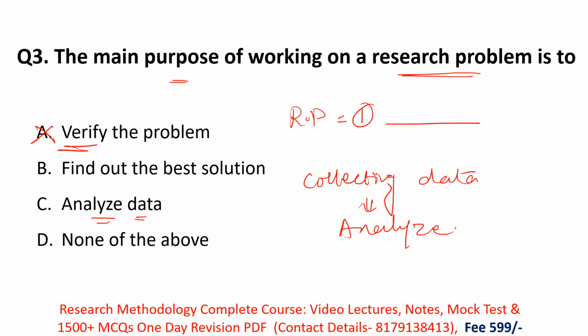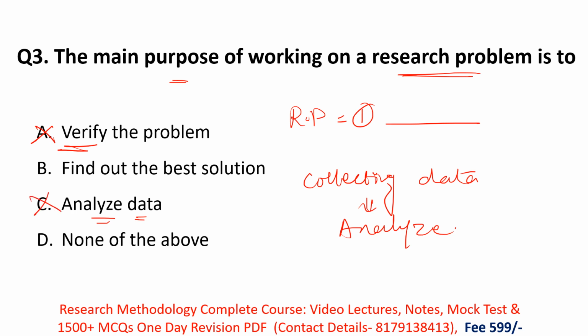Is it correct data, is it the true data I am expecting? This is the analyzing process. So in research, the analyzing process always comes after collecting data. You cannot directly do analysis. First you have to collect your data, then observe that data, and then analyze it. So here option C is also incorrect.